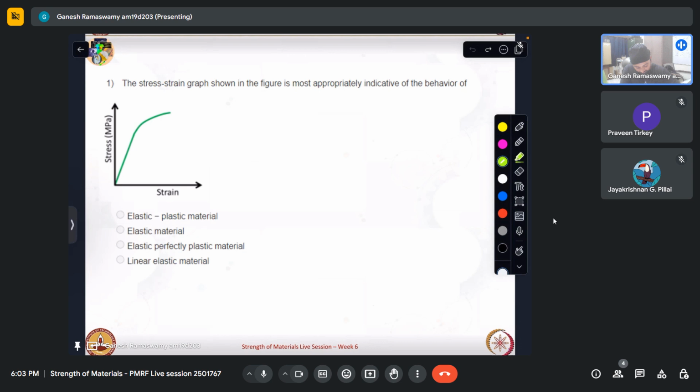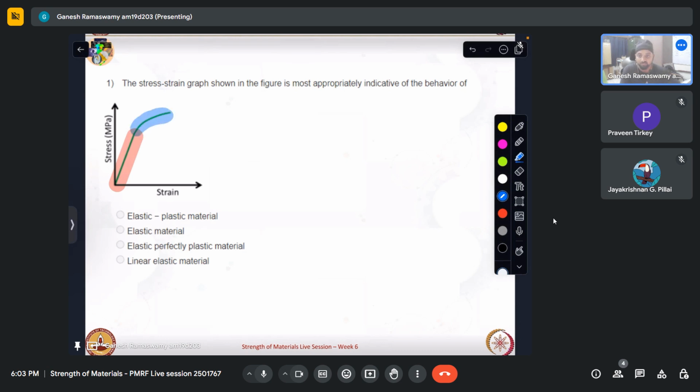So in this case, however, we can make an observation that it initially has a straight path where the stress is proportional to the strain. So it is a straight line. Thereafter, it becomes a curve and goes that way.